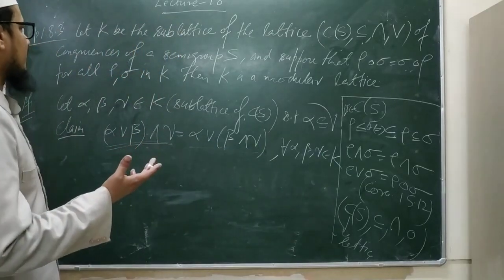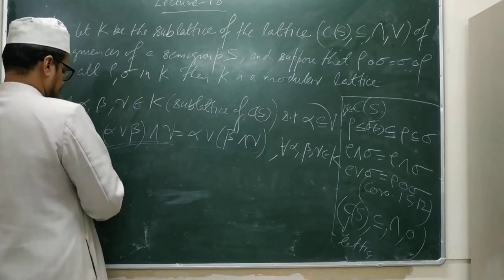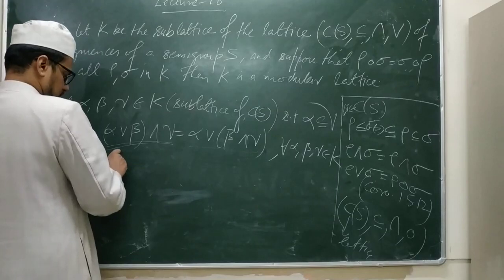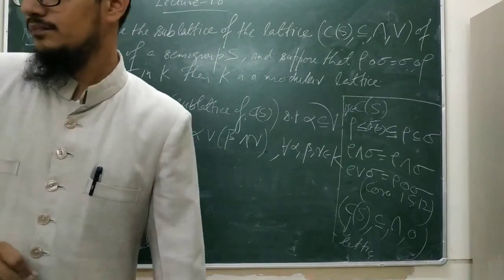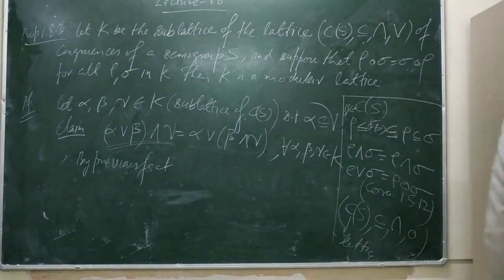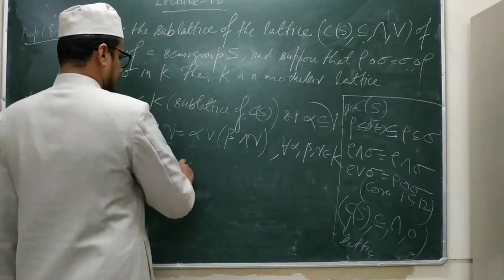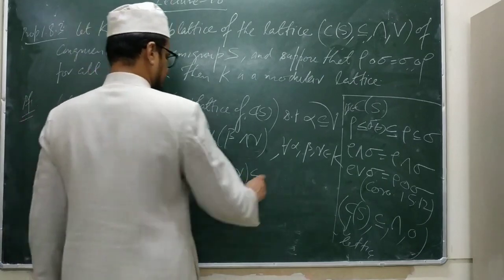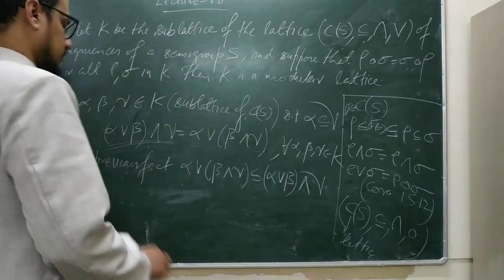By the previous fact which we have done, we know that alpha join (beta meet gamma) is a subset of (alpha join beta) meet gamma. This we have.